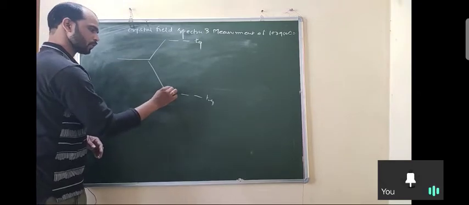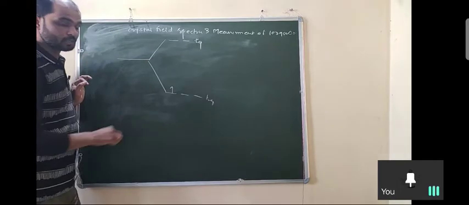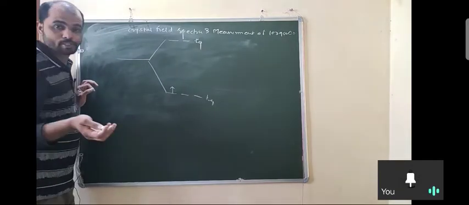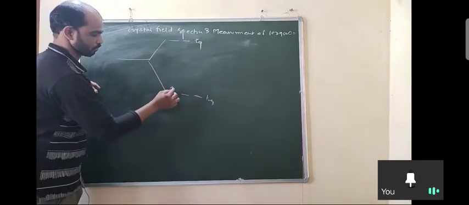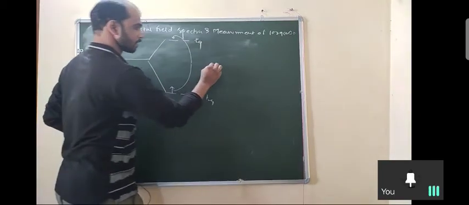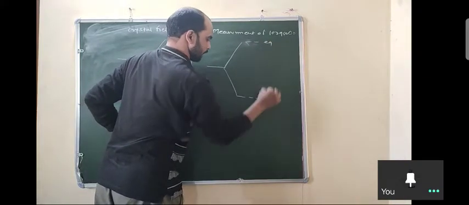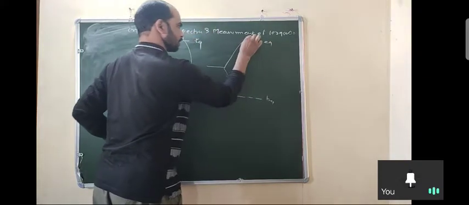Suppose one electron is present here, one electron is present here. It is possible this electron goes into an excited state. So next, there is an excitation.